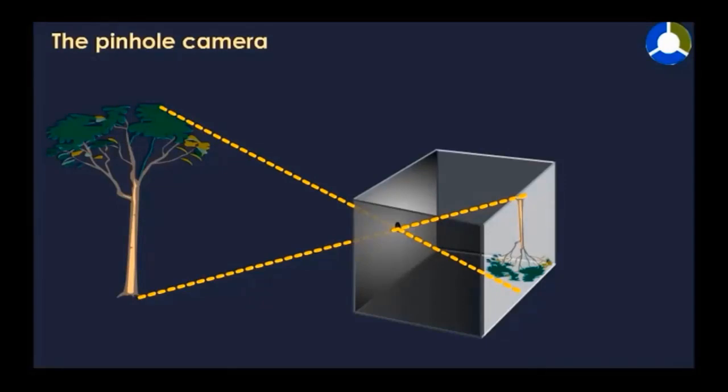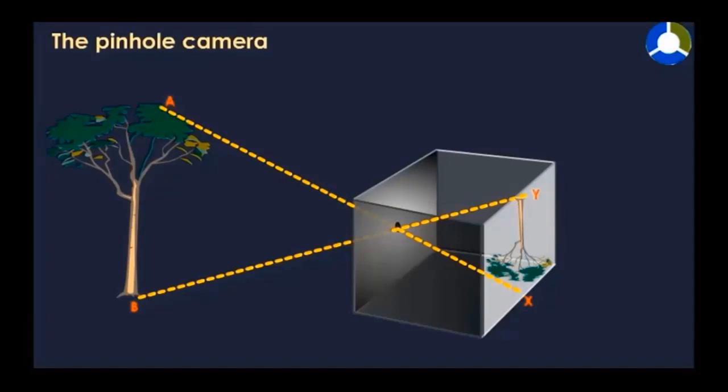As shown here, light rays from the top of the tree A travel in a straight line and fall at X on the screen. Rays from the bottom of the tree B fall at Y. Thus, XY is the diminished inverted image of the tree on the screen.